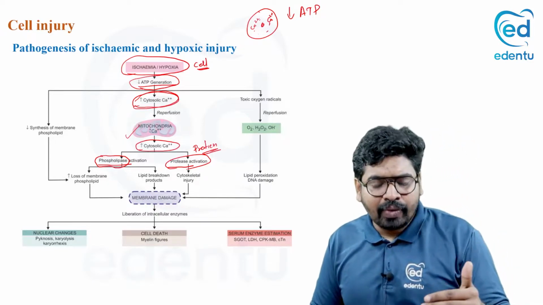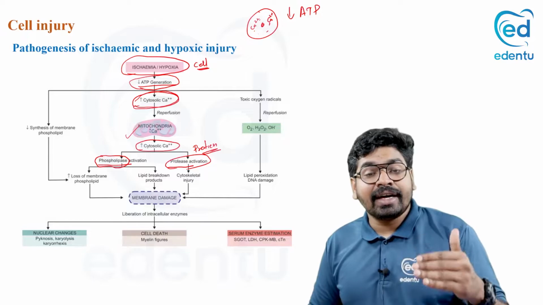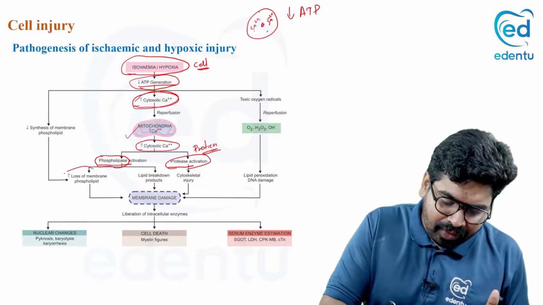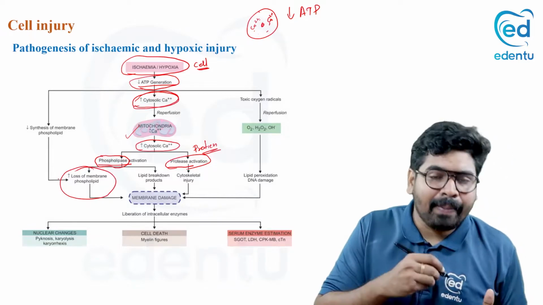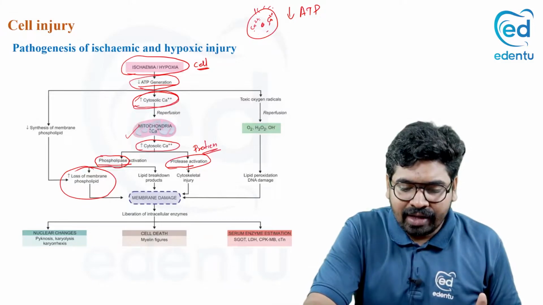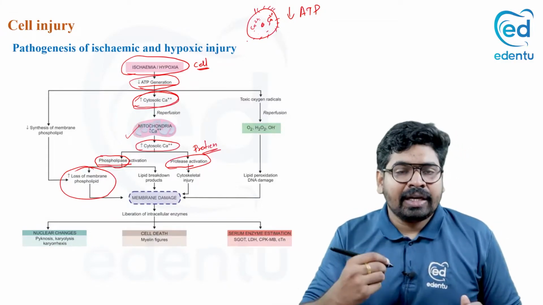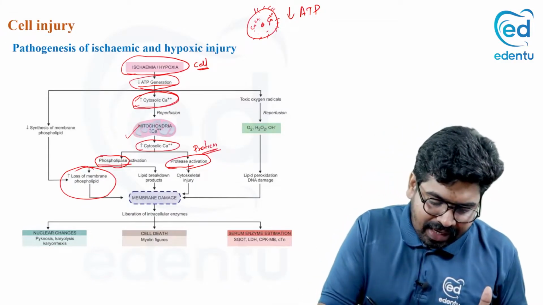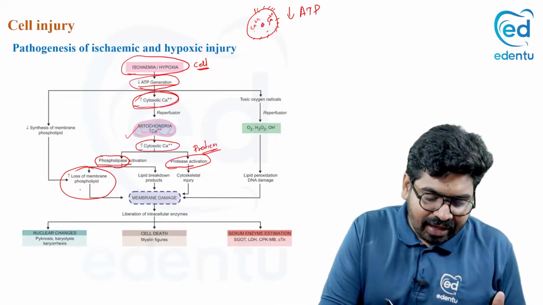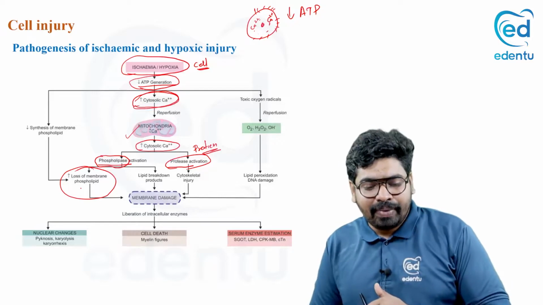What does the phospholipase do? It will digest the phospholipid. Where is your phospholipid? The cell membrane is made of phospholipids. The phospholipase will destroy your cell membrane, that is, increased loss of membrane phospholipid.